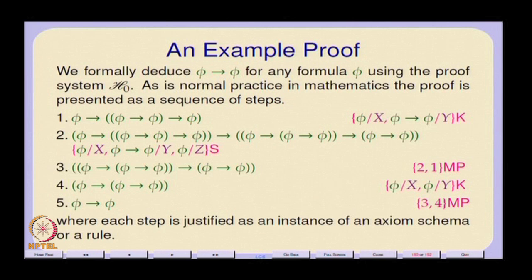And this is how normally you can think of mathematics as being presented, if it is presented formally. In fact, when I was in school and we were taught Euclidean geometry, we had to actually write it in this fashion. We had to write each step and give a justification for each step.